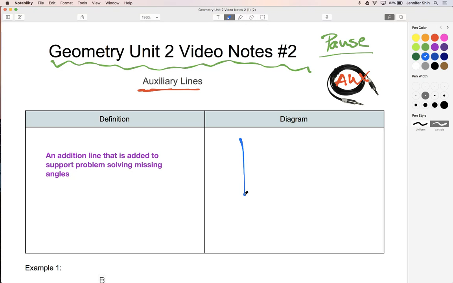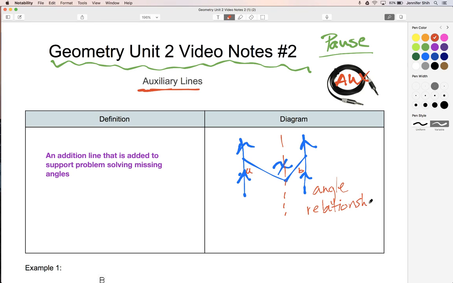For example, say we have two parallel lines going this way, and we're trying to find this angle here. Given that these lines are parallel, that's what these arrows mean, and given angle A and angle B, we can just add in a line and use angle relationships of parallel lines.